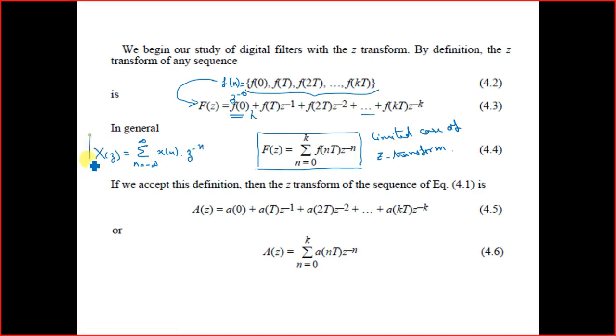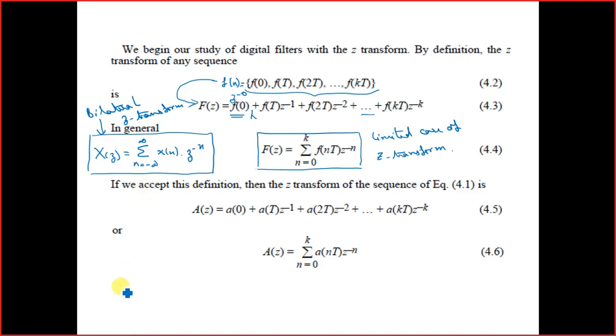Okay. And this equation is regarded as bilateral Z transform.